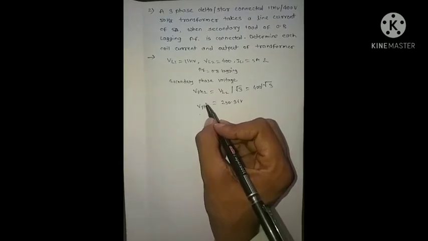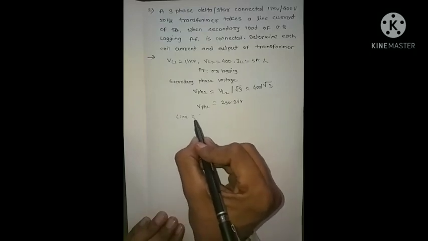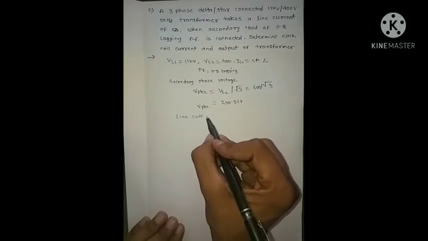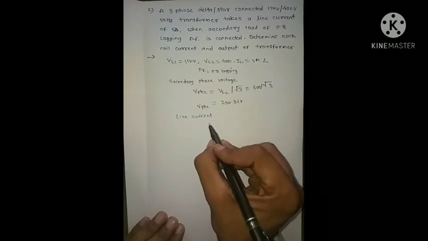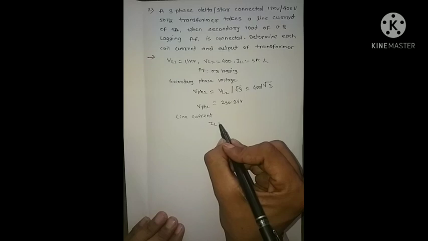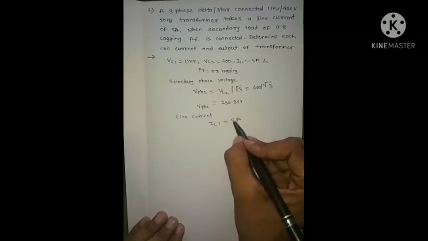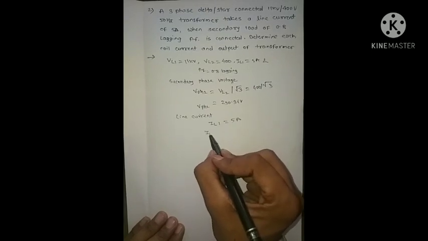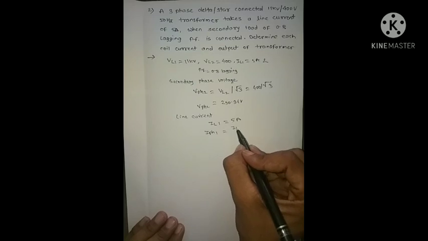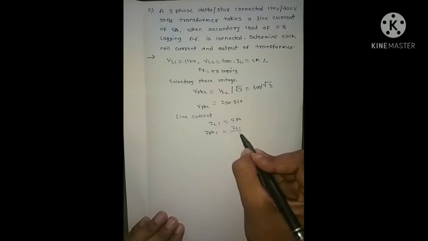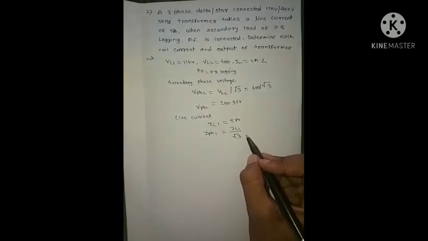After that, we have to find out the phase current. For the line current, we know that IL1, line current 1, is given as 5 ampere. So IPH1 equals to IL1 divided by root 3, line current upon root 3.